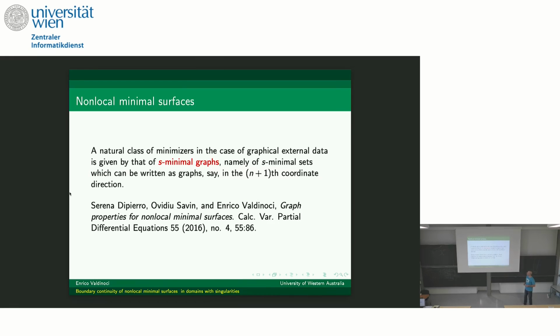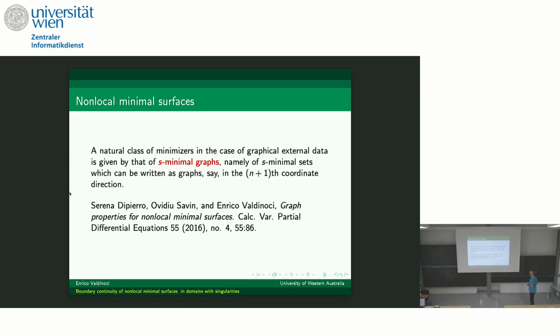And the class that I will be mostly interested in is the one of S-minimal graphs. For me, an S-minimal set which has a graphical structure, so it is, say, a subgraph of a function from Rn to R, is called an S-minimal graph.